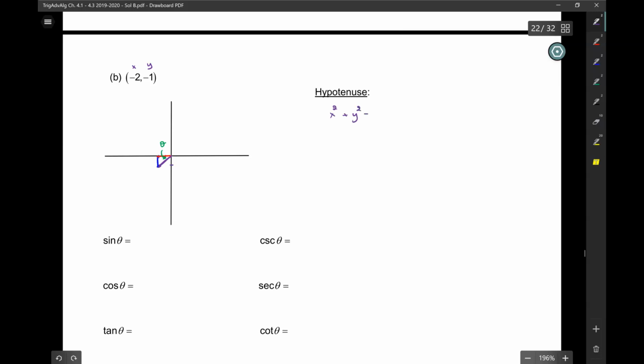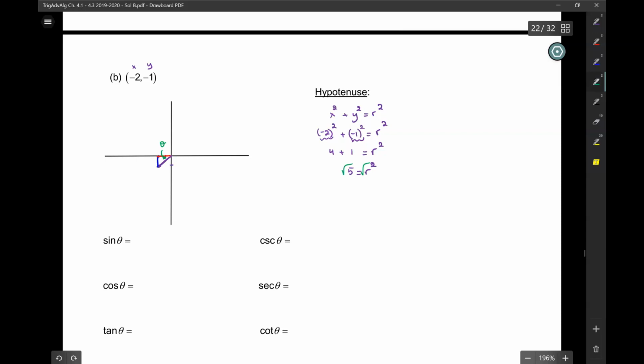X squared plus y squared equals r squared. Now x is negative 2 squared plus y is negative 1 squared equals r squared. Negative 2 squared is positive 4 plus negative 1 squared is positive 1 equals r squared. 5 equals r squared this time.